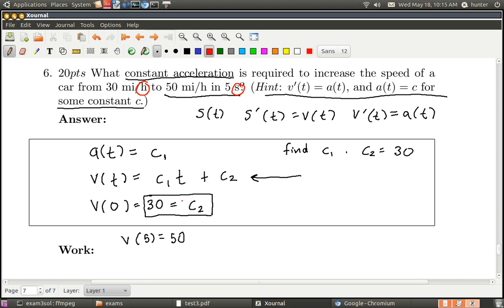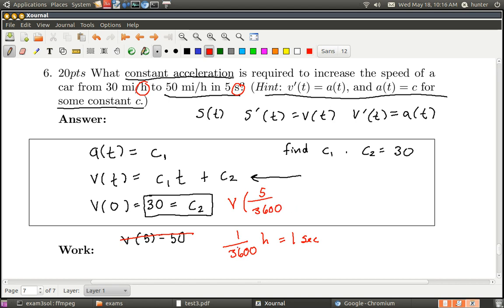We're doing everything in terms of hours, so you can't put in 5. You have to put in what 5 seconds is in terms of hours. Each second is 1/3600th of an hour. So what we want to put into the velocity function actually is 5 over 3600.